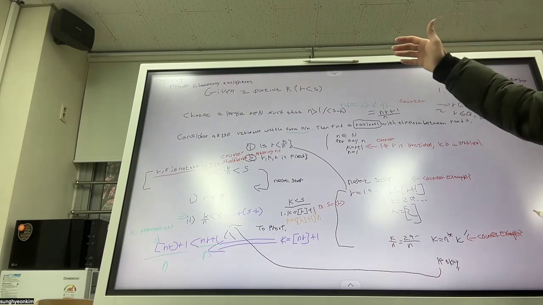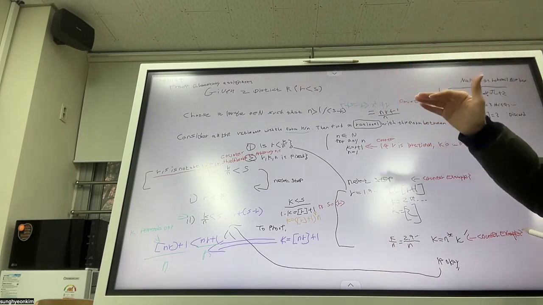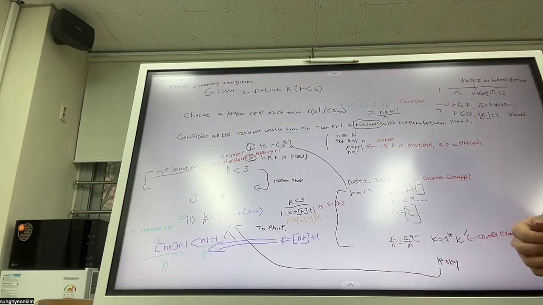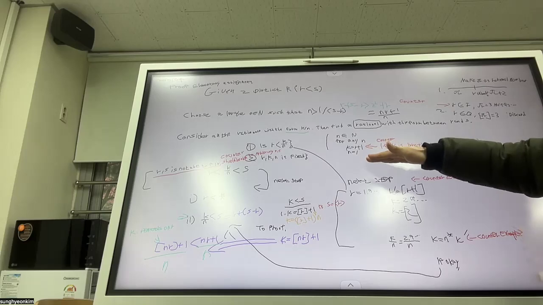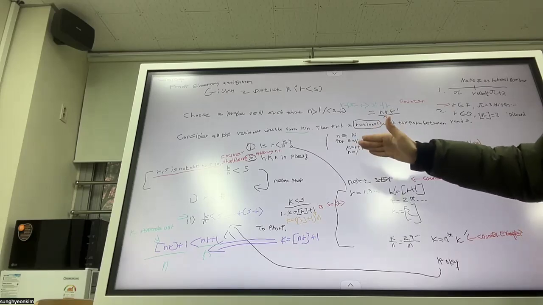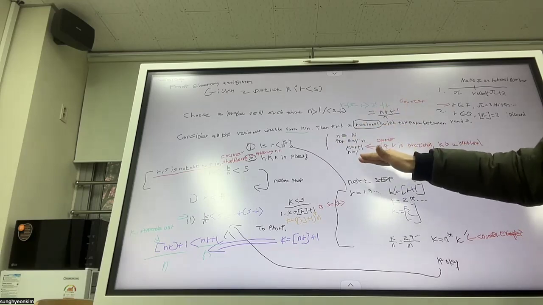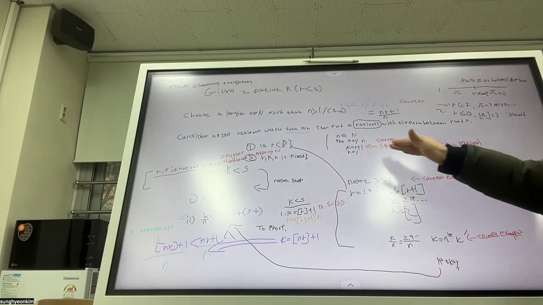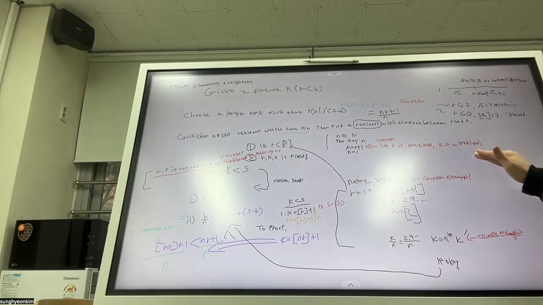But actually, when you make a proof in real time, you should think about a very simple format first. Just think about K depends on R plus 1. This is the simple format, but you should also think about counterexamples. If R is an irrational number, then you can't make a rational one.